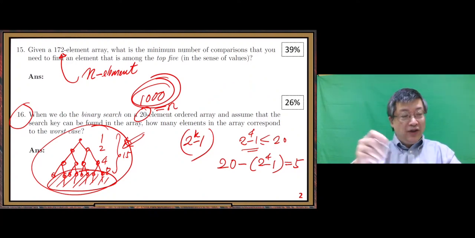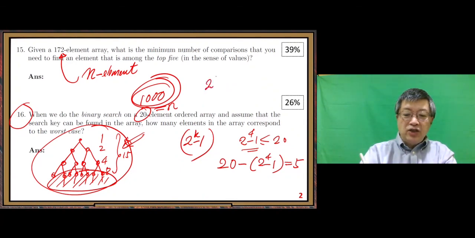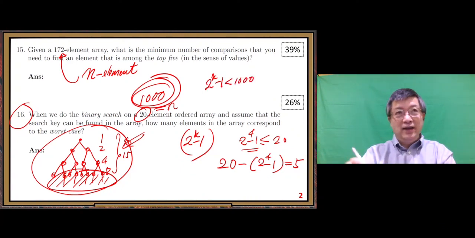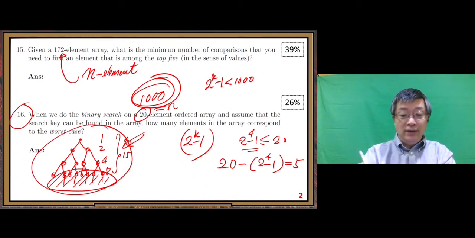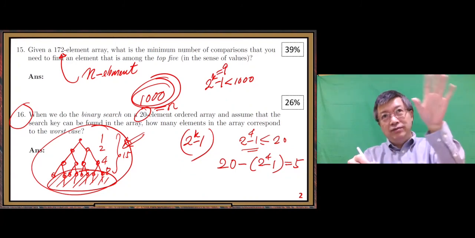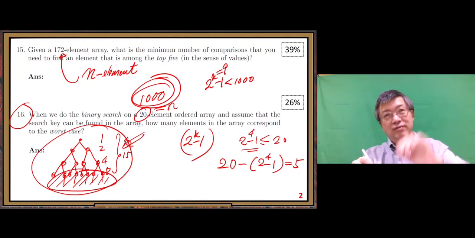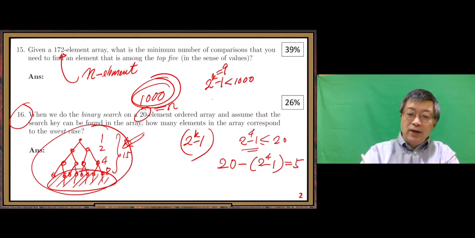This time, we want to find the largest k such that 2 to the k minus 1 is less than 1,000. Can you find that k? 2 to the 9th, right? You can test a little bit. If you want to use a calculator, it is fine. So 2 to the 9th minus 1 equals 511.